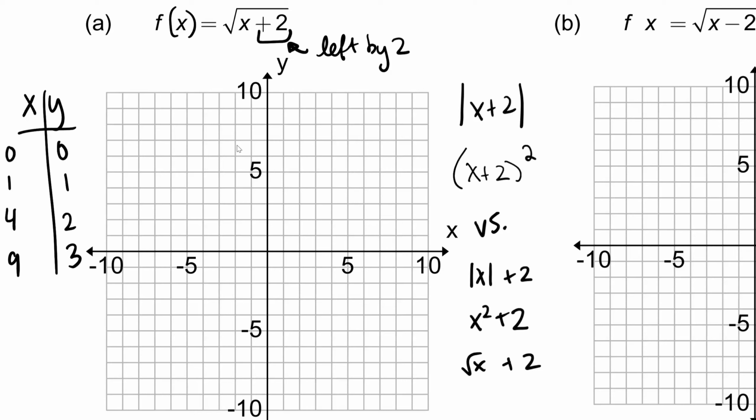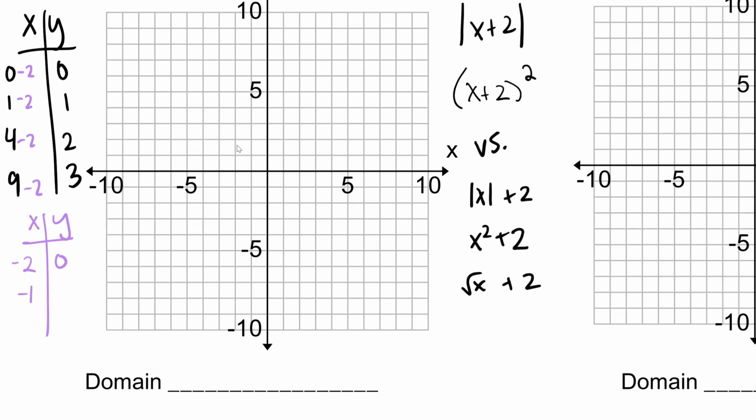So what happens to all my x values? I go left by 2, so I subtract 2 from all of my x values, because everything is shifting left by 2. So now my new points to graph are negative 2, 0, negative 1, 1, 2, 2, and 7, 3. That's it. And now we just plot those points.